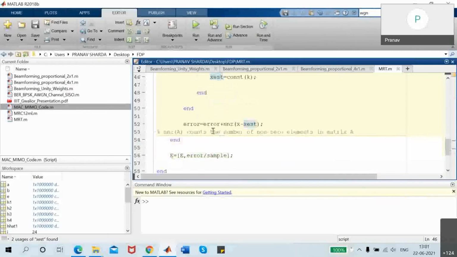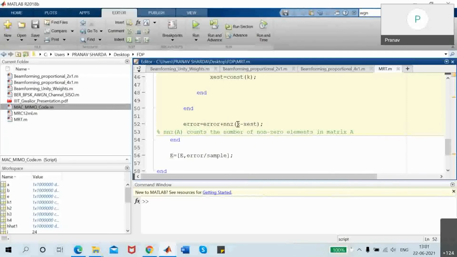Then we are counting the errors, right? There is a command, nnz. What it does is count the number of non-zero elements in any array or vector stored in MATLAB.